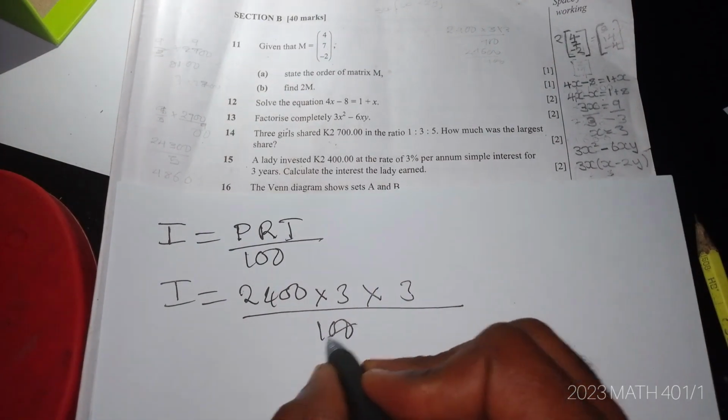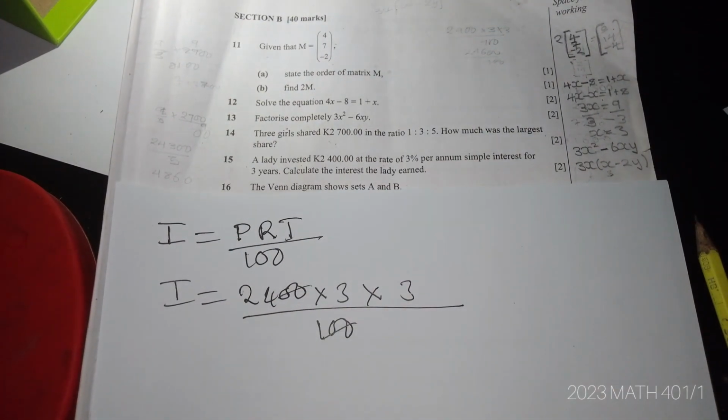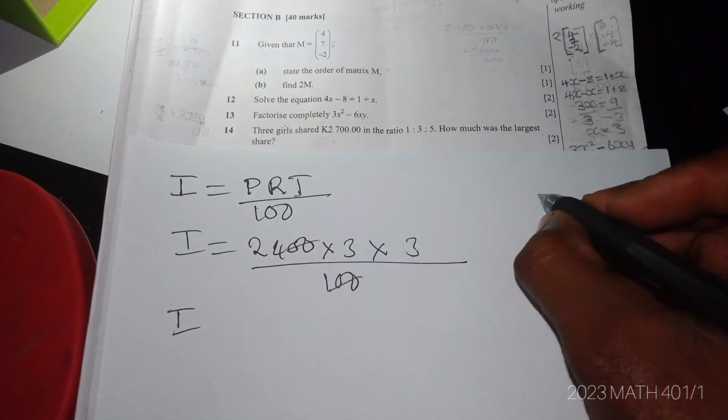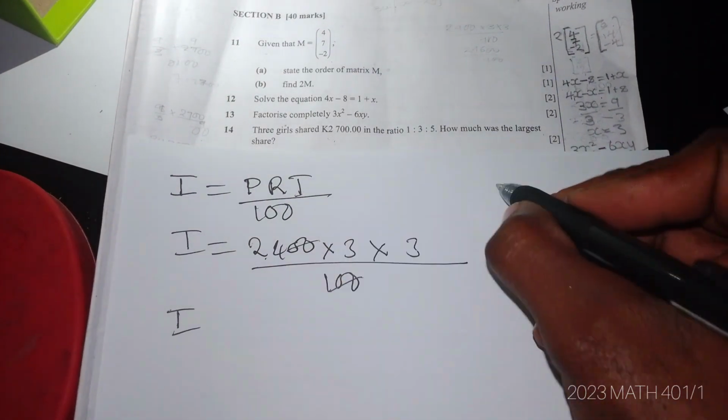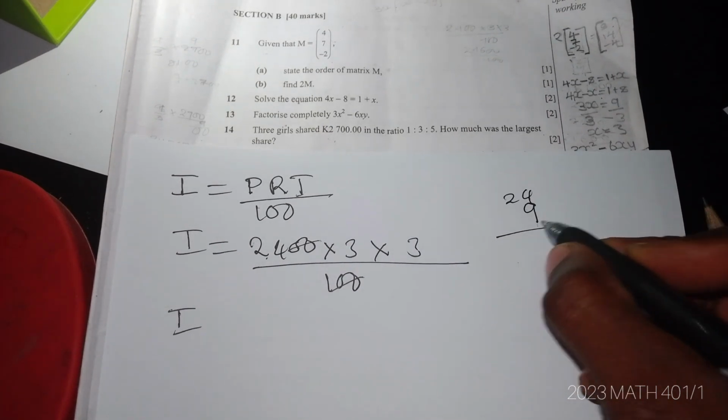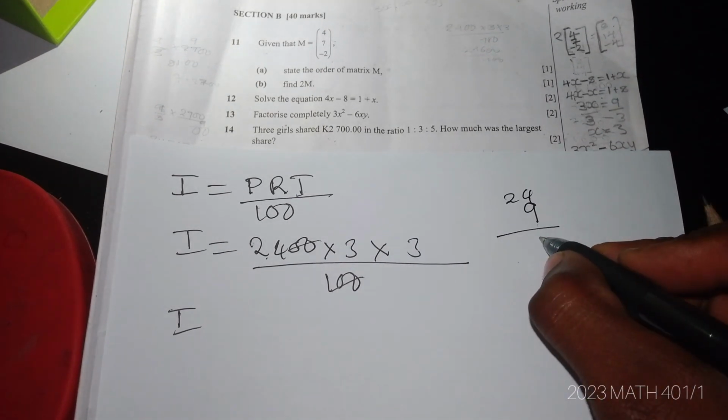And then we can cancel this with that just to make the work easier. Of course, we know that 3 times 3 is a 9, so we can say 9 multiplied by 24. So this times this will be, we have a 36.